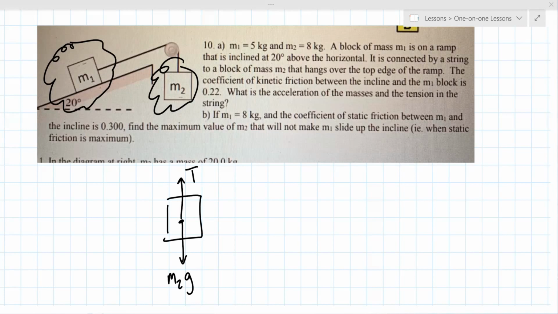Which way is it accelerating though? Maybe we don't know actually. Mass 2 is 8, mass 1 is 5. We'll assume it's going down. That's most likely right, but it's not always the case.